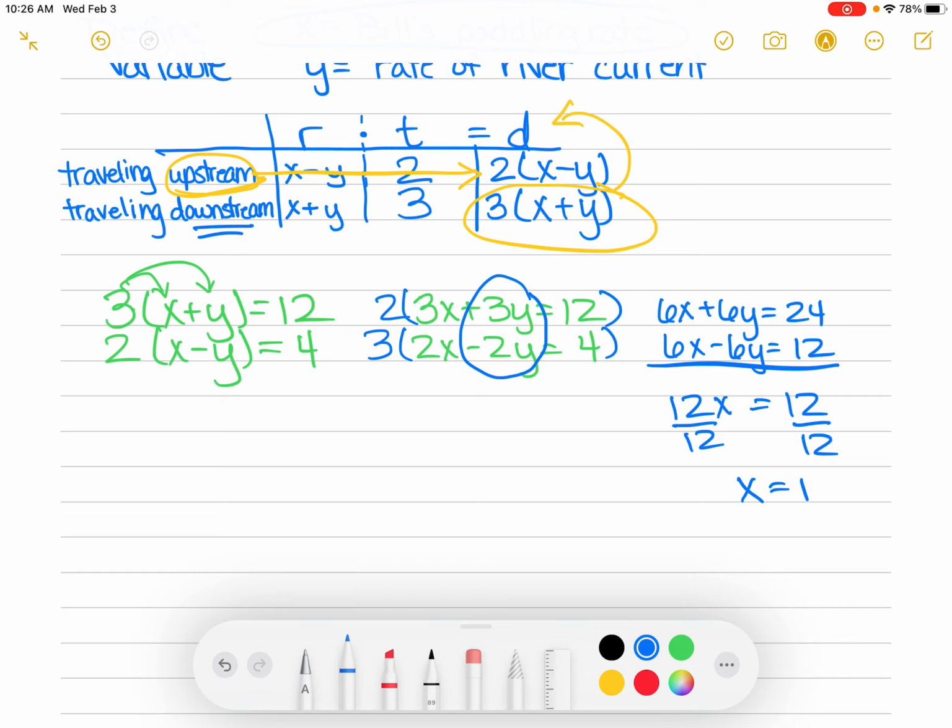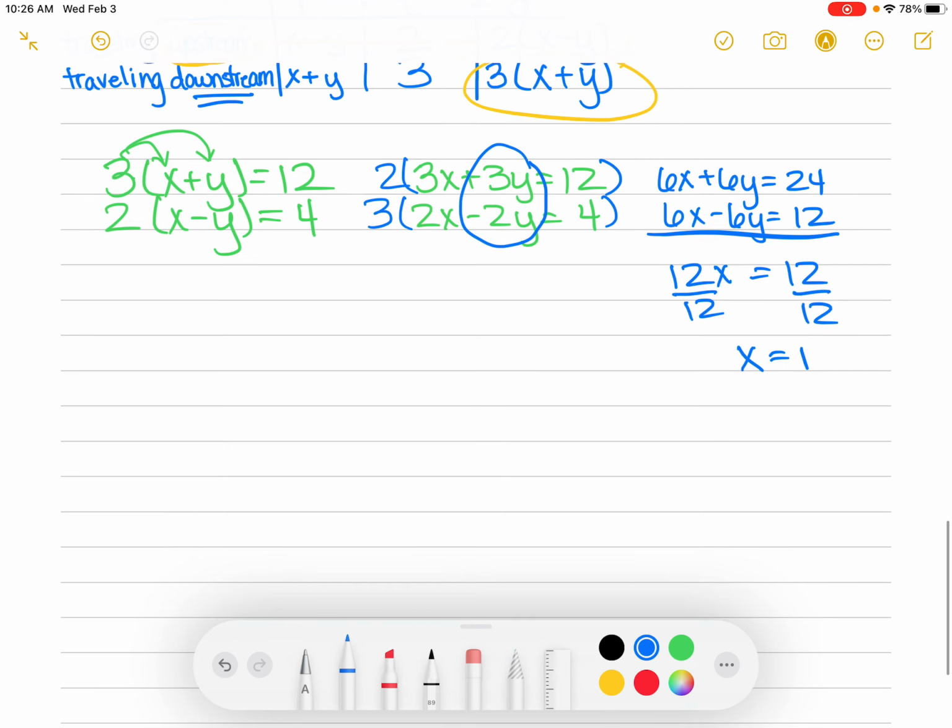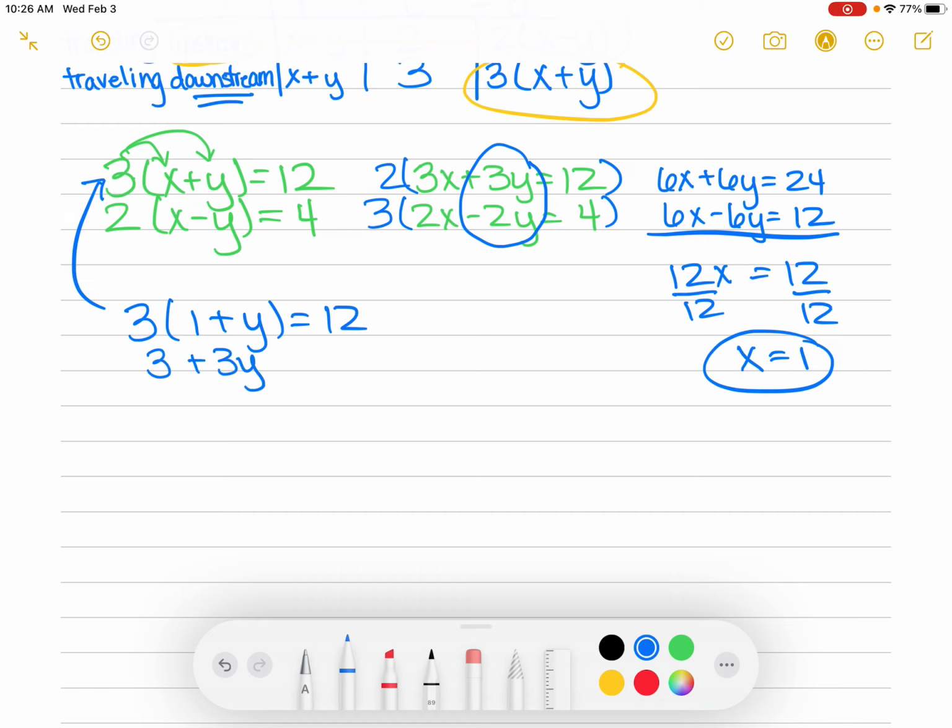Okay, so now I'm going to go in and find my y when x is 1. So I'm going to do the first equation here. And I have 3 times 1 plus y equals 12. And so I'm going to multiply everything out of here. So I get 3 plus 3y equals 12. Oops, I did that wrong.